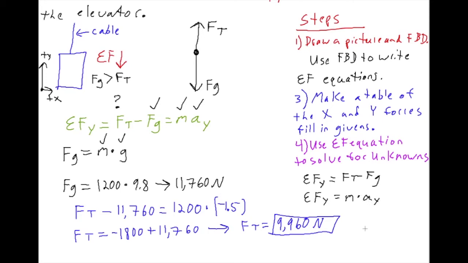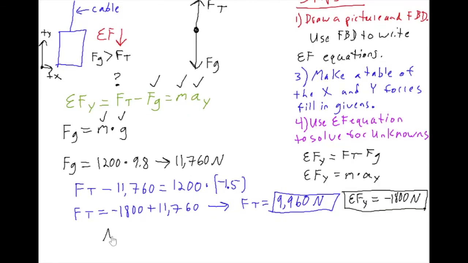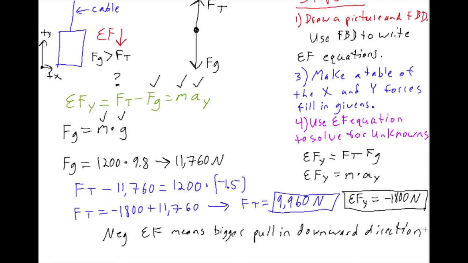It doesn't matter which route I take. So if I do that, I'm going to figure out that net force in the y direction should be equal to negative 1,800 newtons. I ended up with a negative net force, and in regards to this problem, since it's acting in the y direction, that just means that I'm experiencing a bigger pull in that downward direction.